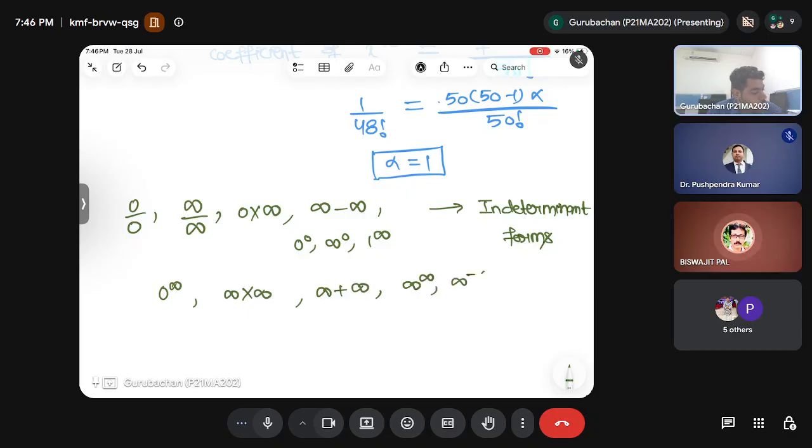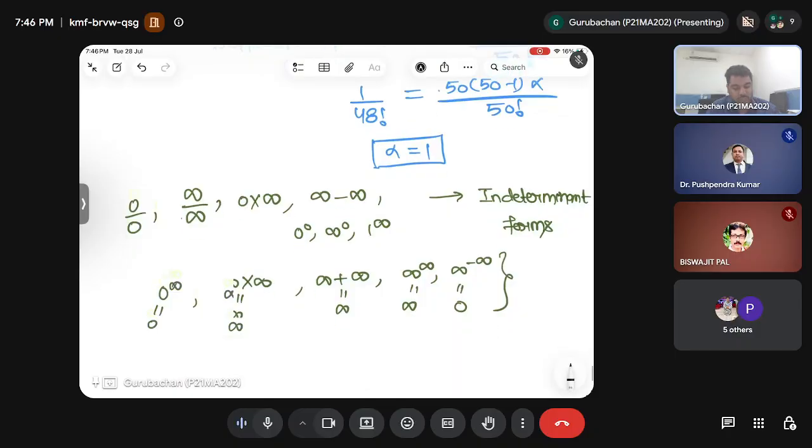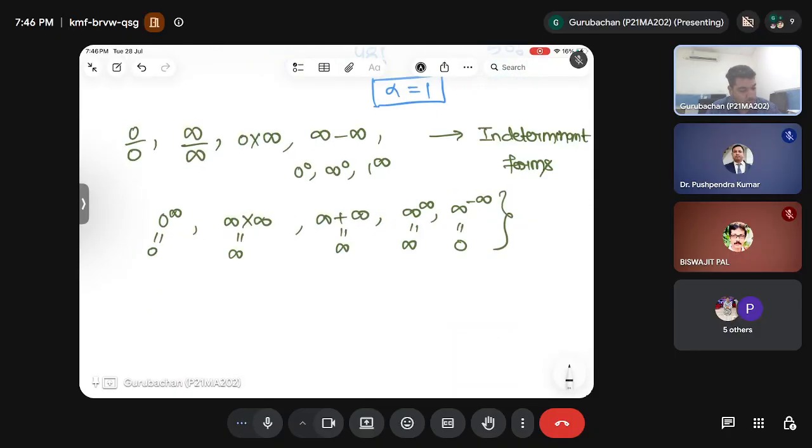All are infinity, and the last one is 0. This is infinity, this is infinity, this is infinity, and this is 0. So these seem to be confusing indeterminate forms, but they are not indeterminate forms. I just let you know. Now let us move to the question.